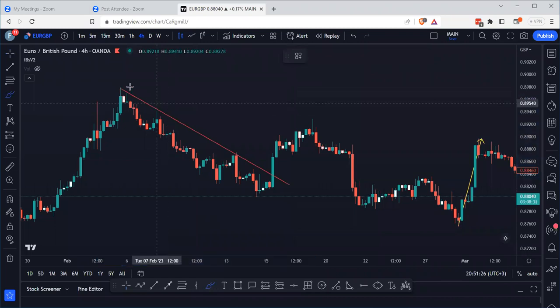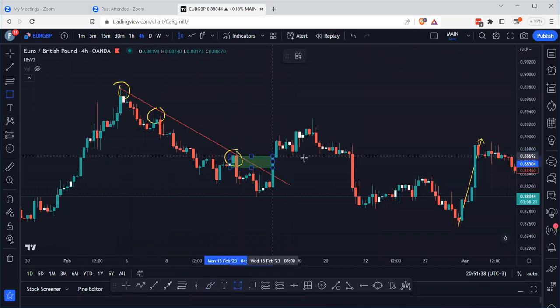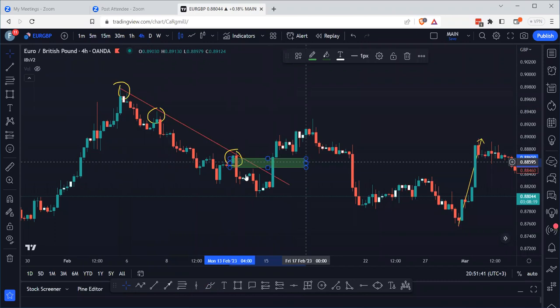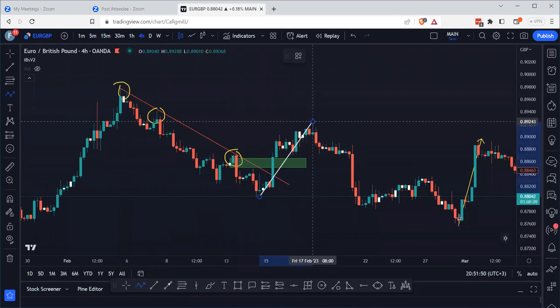Say this, okay, this. And then maybe you want to take entry here. You can see how price would have easily taken you out. So let's say you want to take entry here. Price would have taken you out. You can see people's liquidity was grabbed. Okay, price went up, grabbed people's liquidity, and ultimately still dropped.